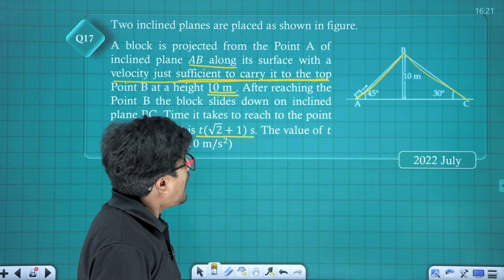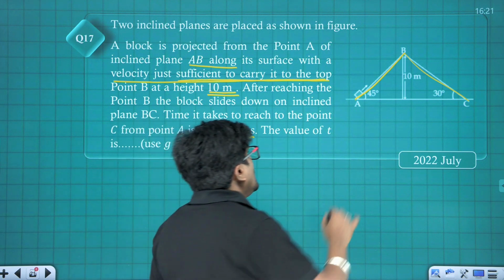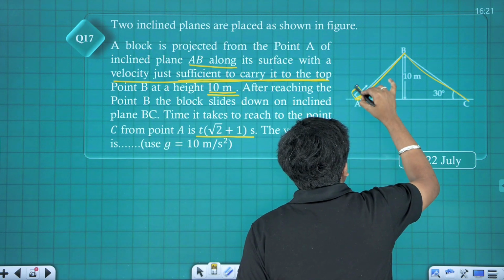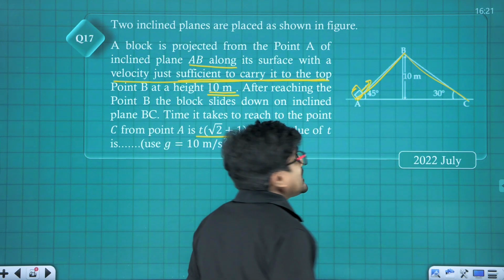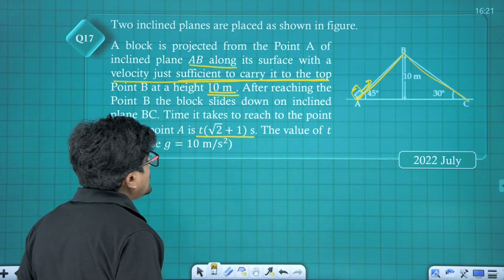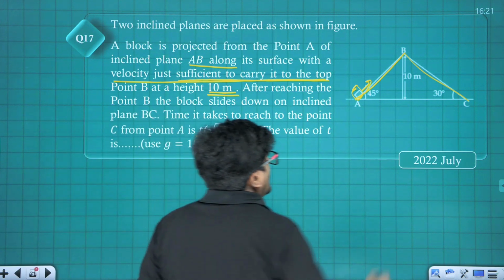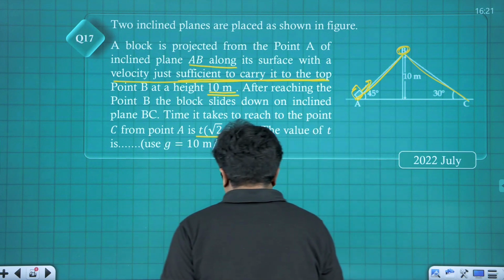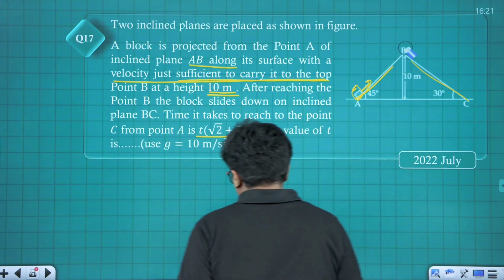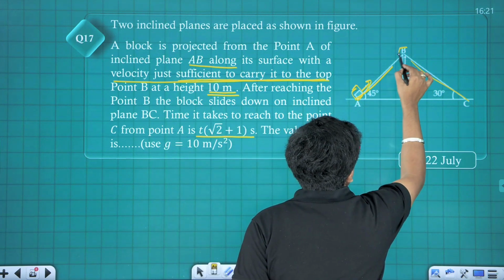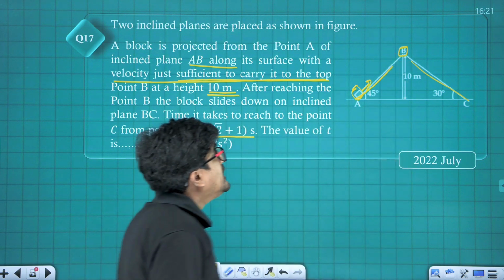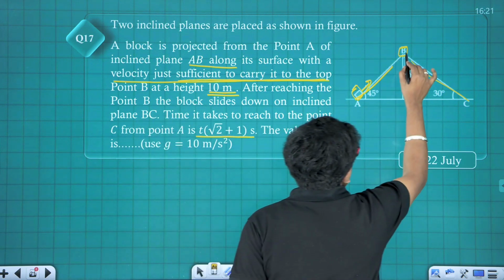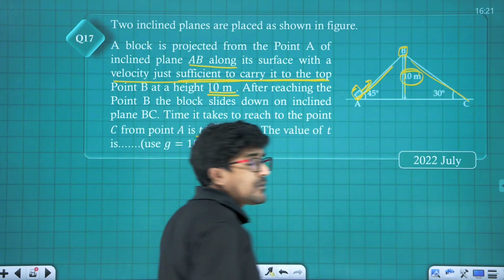So, of course, to know about the time, we must know with what speed this body was thrown in the upward direction. To get into that, they have given information, that is the speed was given in such a way that this body managed to reach here. Alright, and this point is at a height of what? 10 meters.